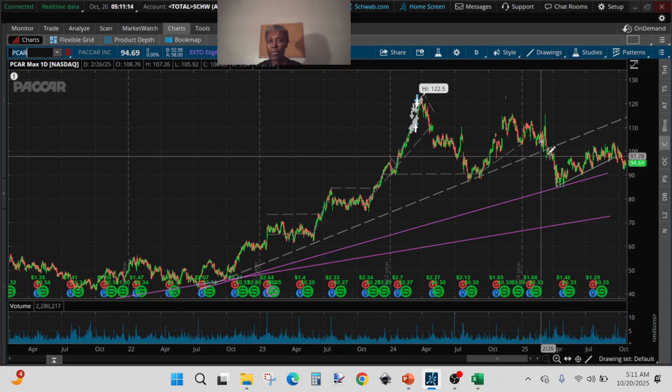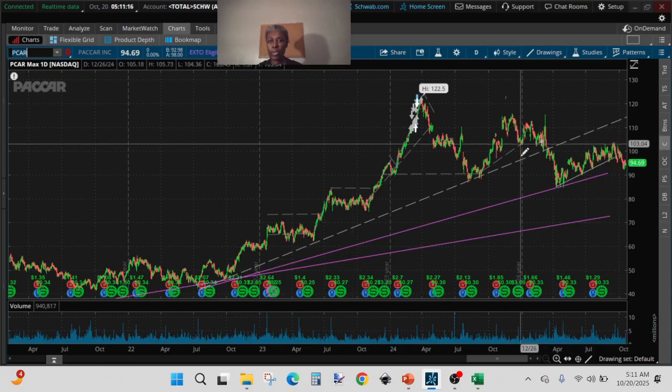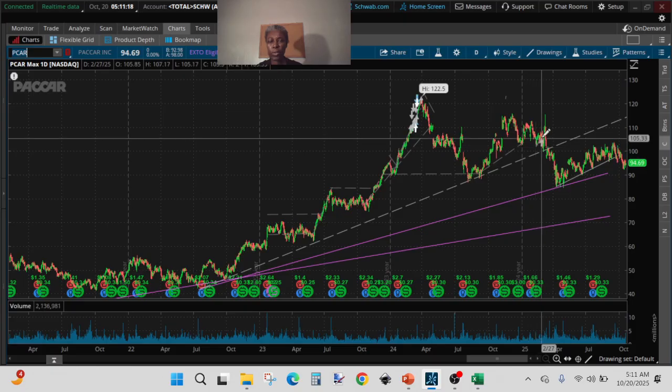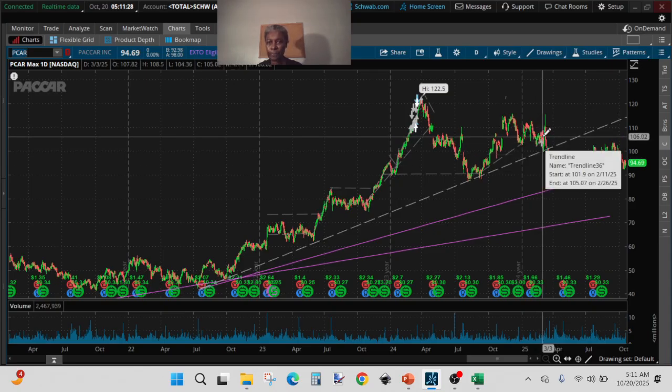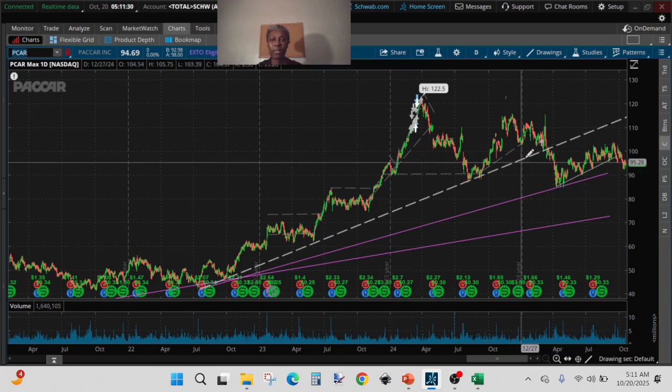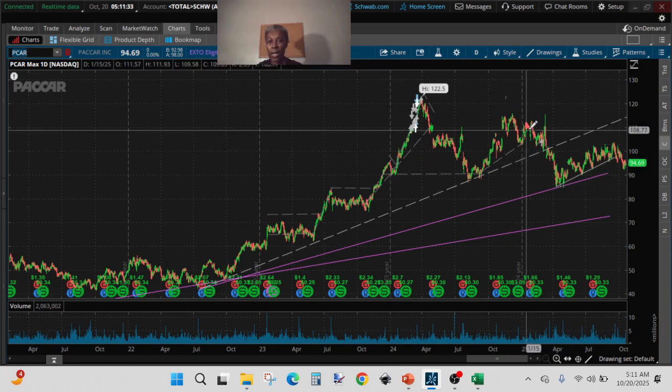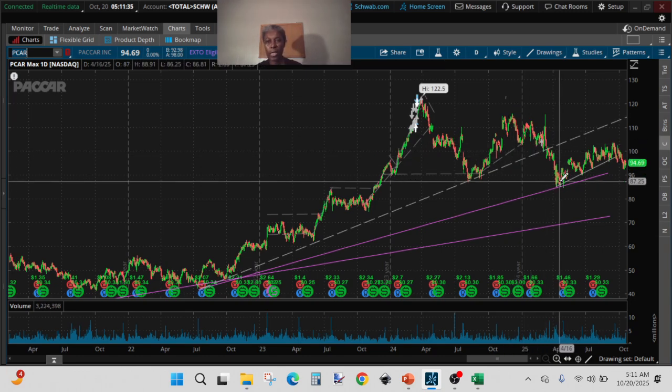So we purchased it again there around this support line when we saw it going up. The trend changed direction here, started making higher lows there a little bit, and we purchased some shares again. But it was done with that support line because it pulled back shortly after.